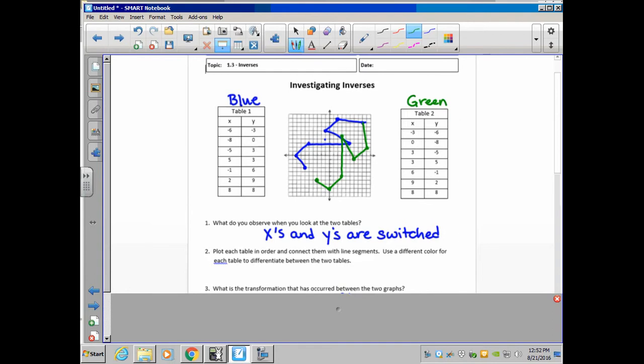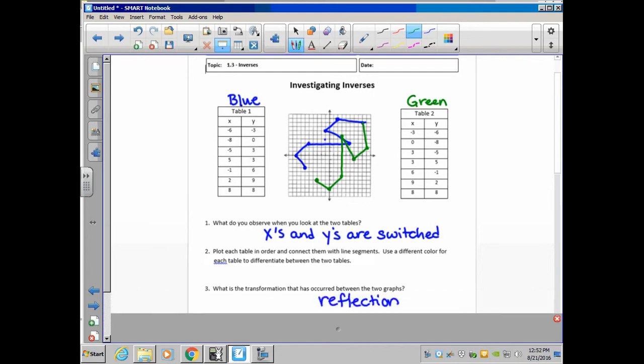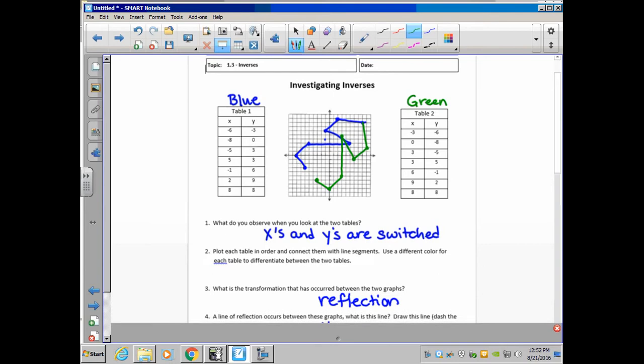Next it asks, what is the transformation that has occurred between the two graphs? When you take a look at the blue and the green, it actually is a reflection. It's not a reflection over the x-axis or over the y-axis, but it is a reflection. Number 4, a line of reflection occurs between these two graphs. What is the line?